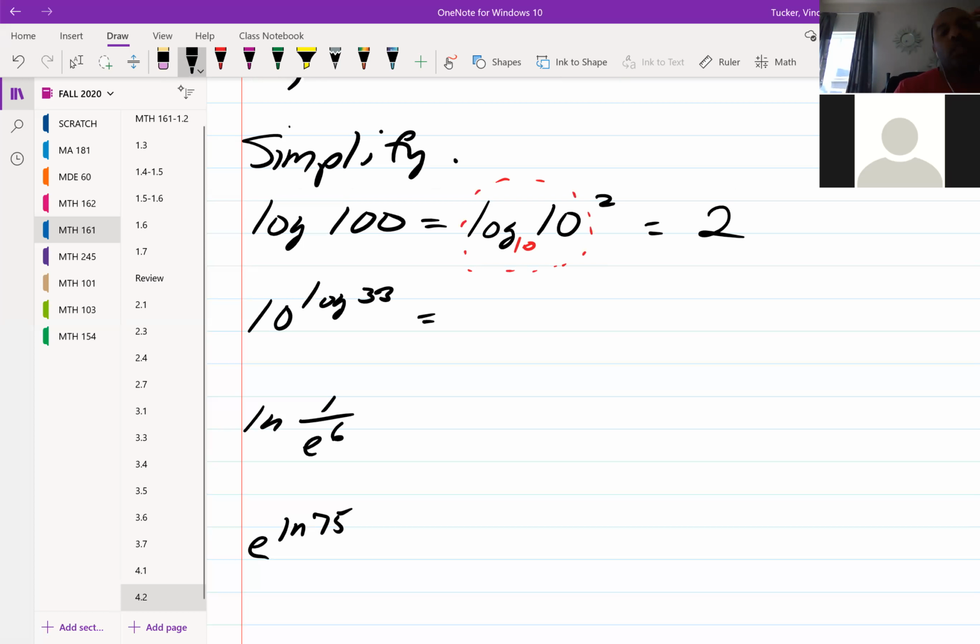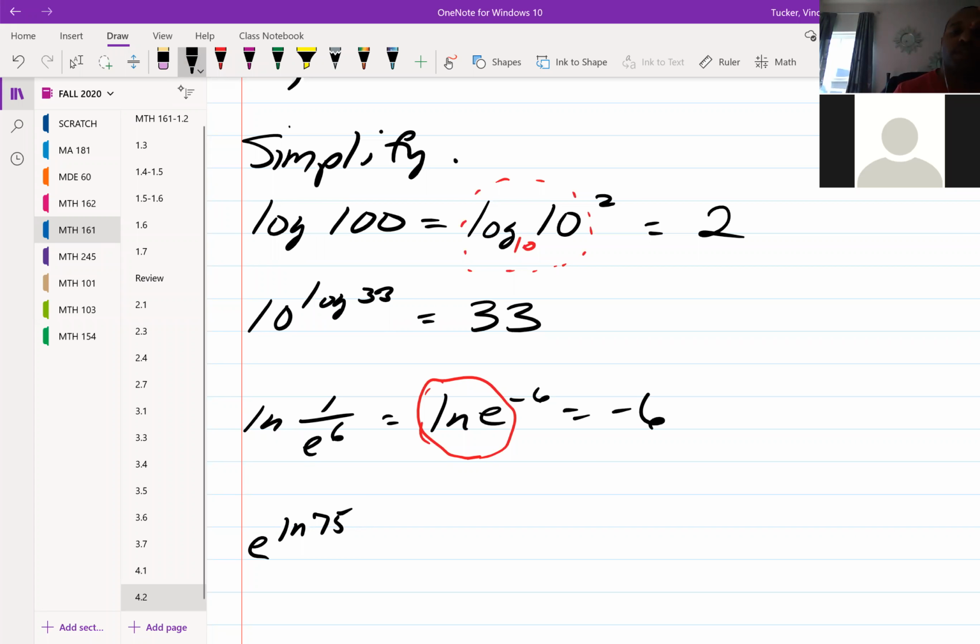Same thing happens in the next one. We have 10 raised to the log of 33, and you're just left with 33 because of that relationship, they cancel. Here, if you were to rewrite this one as e to the negative 6 power, that will give you the relationship that you need in order to be able to cancel out this part.